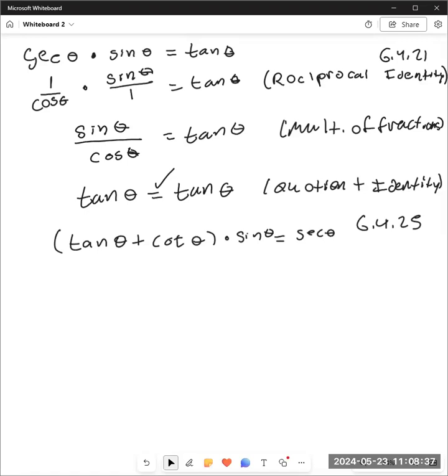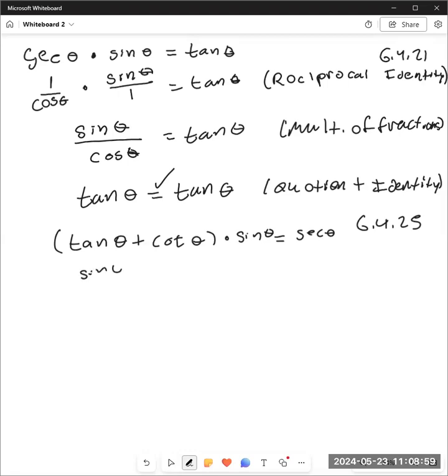I think you would agree clearly that the right-hand side is more simple than the left-hand side. So let's work on the left-hand side. I only see a single expression over here on the right, so that tells me that I'm probably trying to get a common denominator over here on the left and get rid of this addition here. So let's work on that.